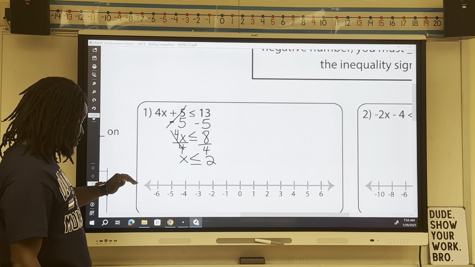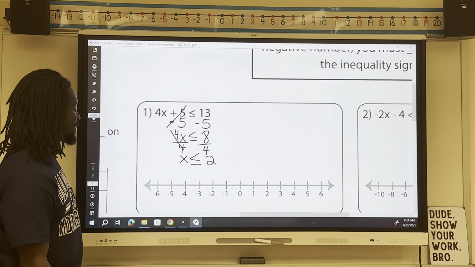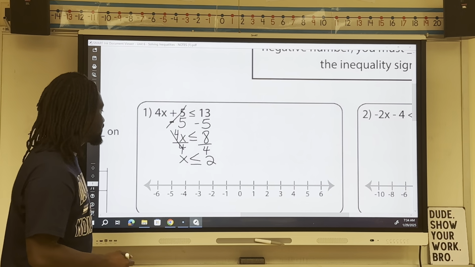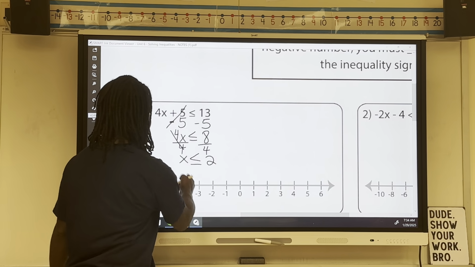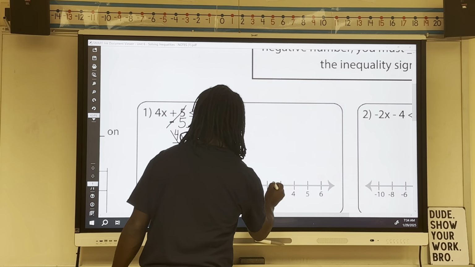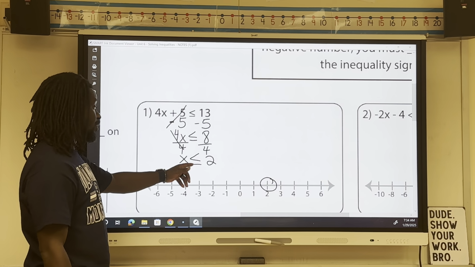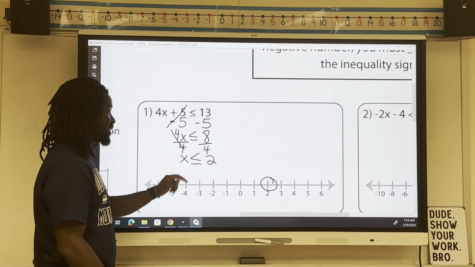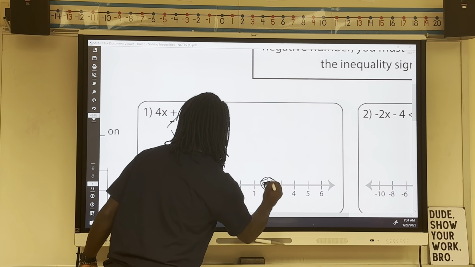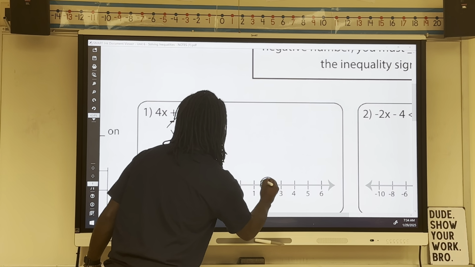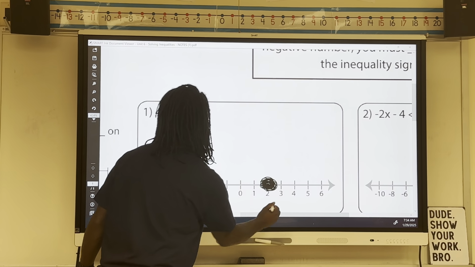Now, based on what we were just looking at, we should solve this. Or sorry, we just graph this. So x is less than or equal to 2, so we go to 2, and we put a circle. Is it open or closed? Because this is equal to, it is a closed circle. Which direction am I going to shade?